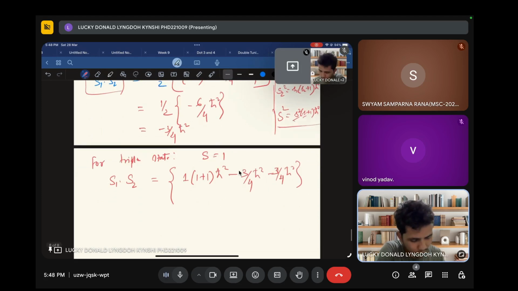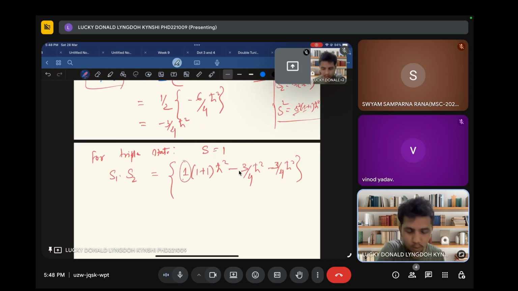Since now this is not S equal to 0, you have S equal to 1 for a triplet state. That is why you will get something like 1 by half of 2 h cross square, minus 3 by 2 h cross square. Finally you will get 1 by 4 h cross square.